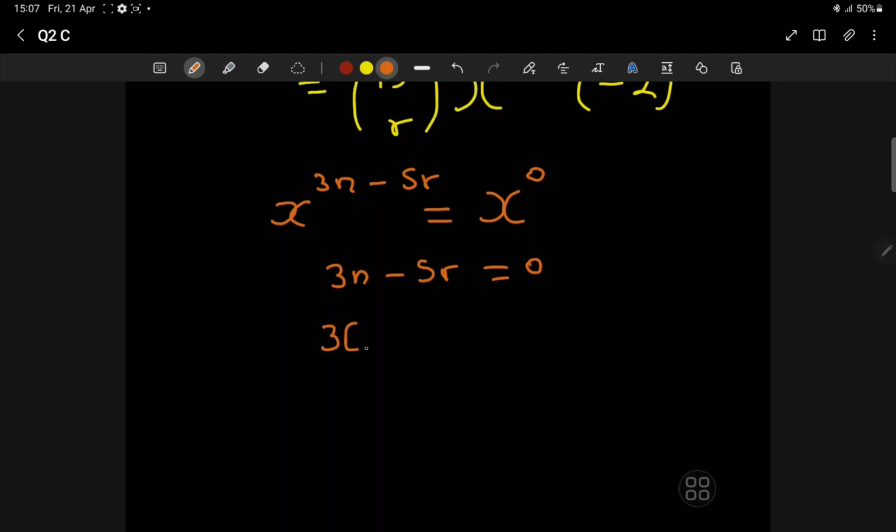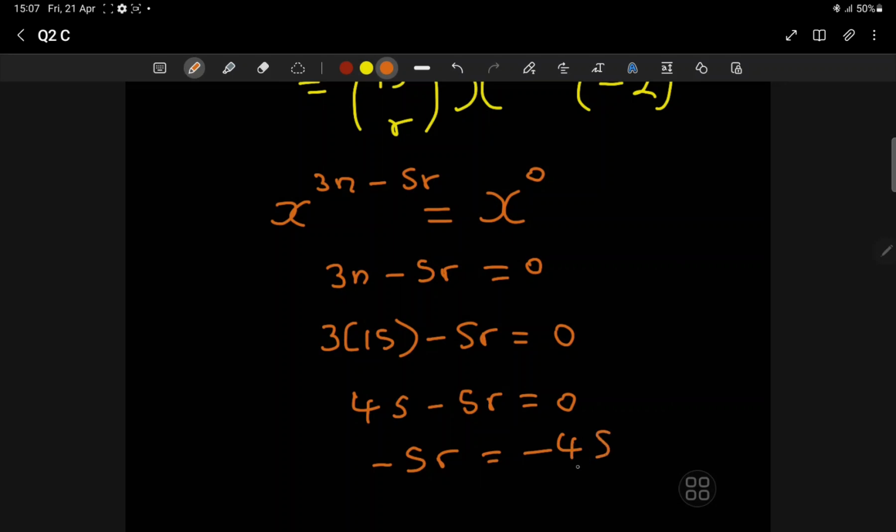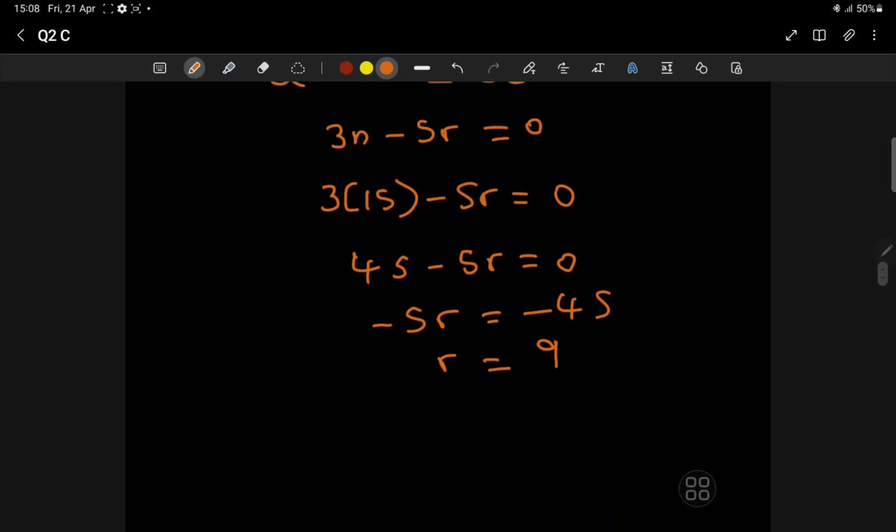So it's 3 times 15 minus 5r is equal to 0, which is 45 minus 5r is equal to 0. Then we'll have -5r is equal to -45, which will just be r is equal to positive 9 when we divide by -5. So we found the value of r to be 9.